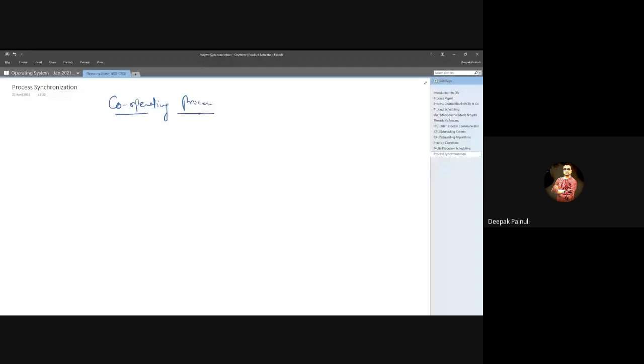What does process synchronization mean, and why are you doing this? See, if you are sharing some variable among multiple processes at the same time, that means you need to synchronize. For example, cooperating processes are those which share something at the same time, or which are affected by each other. So let's say P1 and P2 are sharing some resource at the same time.